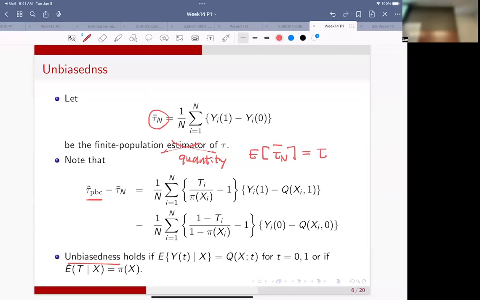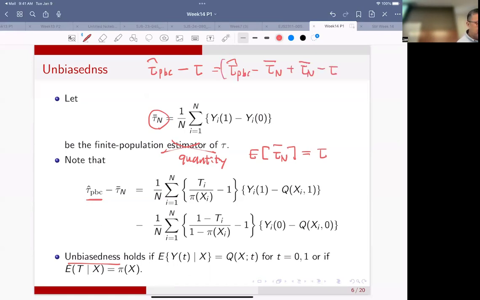So the idea is that I'm interested in the property of this guy, in computing the error, the expectation of this guy, but I want to decompose it in such a way that it is easier to handle.